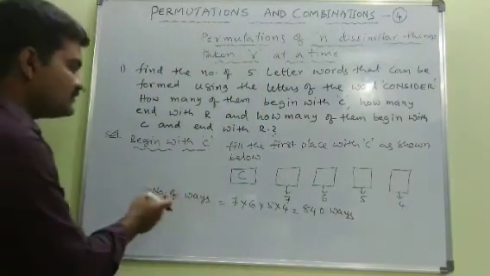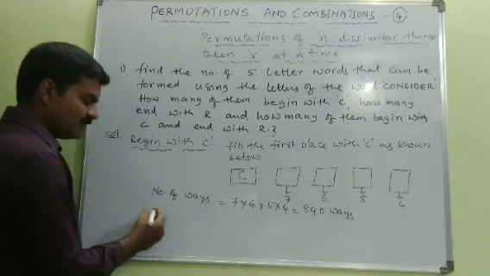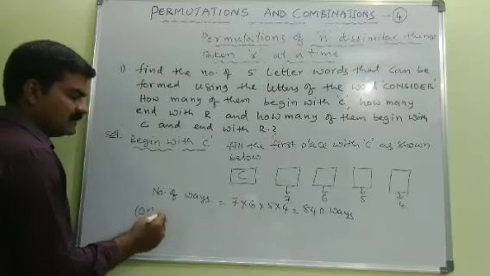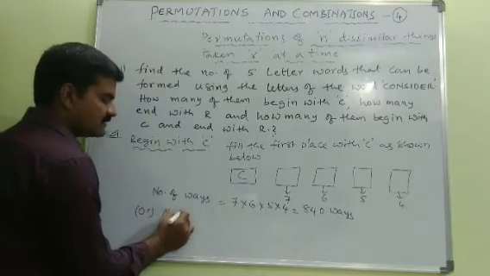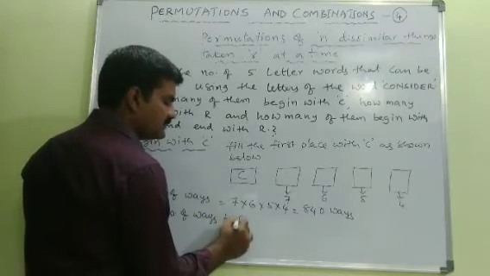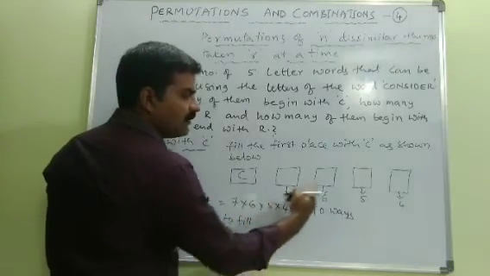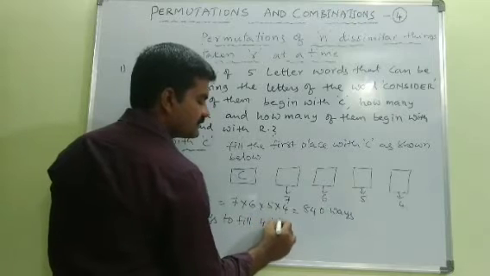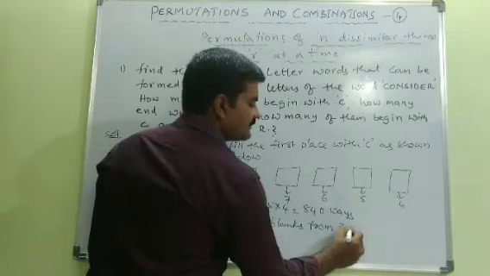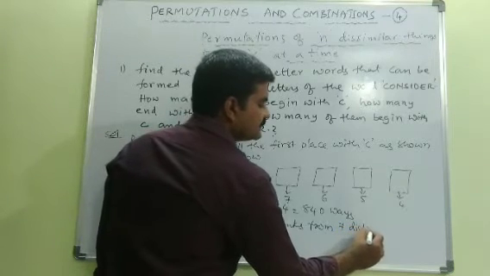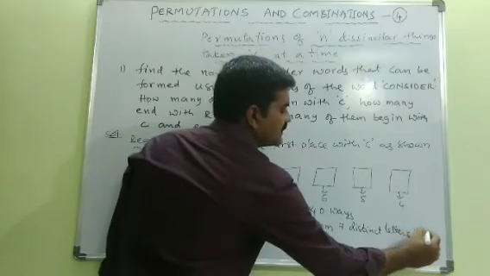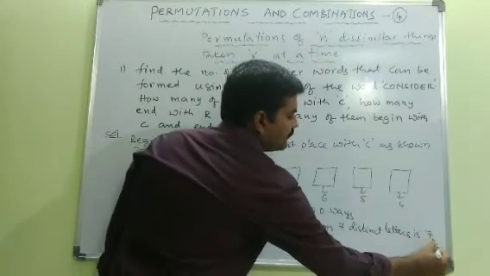So let us see now using the formula. The number of ways to fill 4 blanks from 7 distinct letters is 7P4.